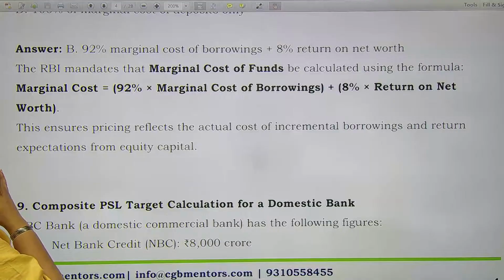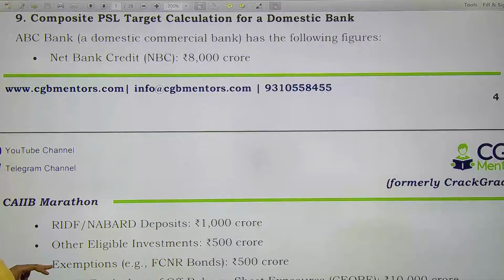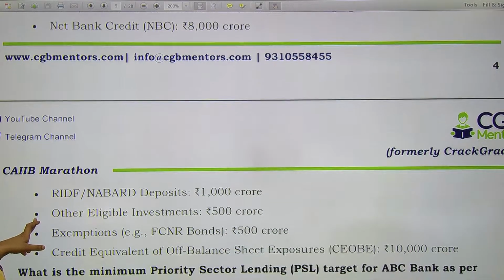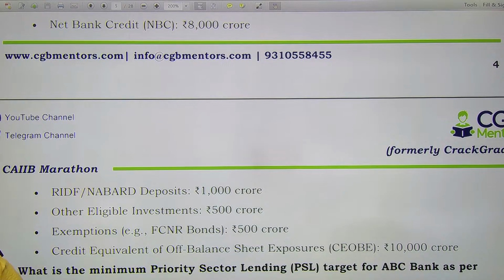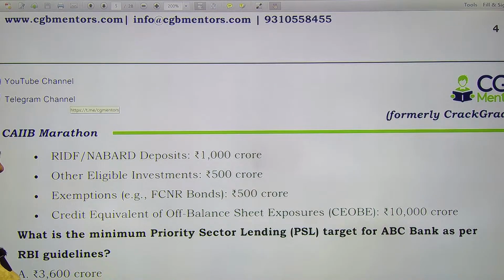So, next we have composite PSL target calculation for a domestic bank. ABC Bank has the following figures: net bank credit 8,000 crore, RIDF NABARD deposit 1,000 crore, other eligible investment 500 crore, exemptions 500 crore, and credit equivalent of off-balance sheet exposure 10,000 crore.